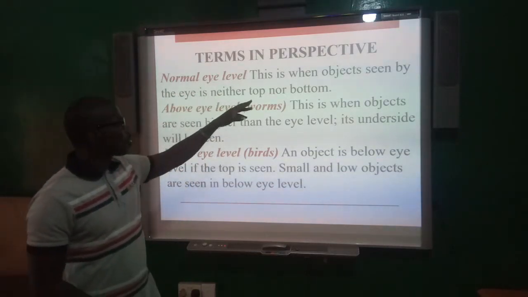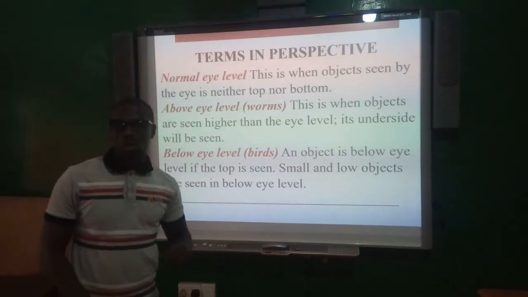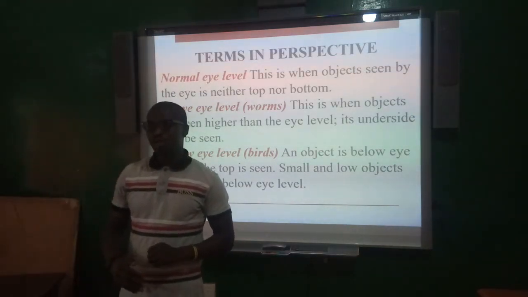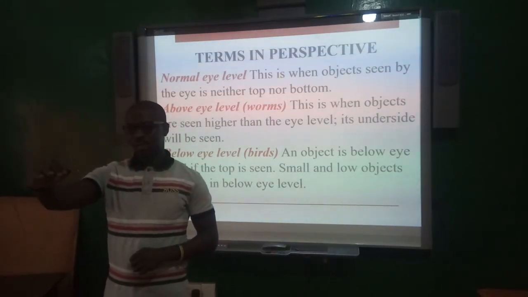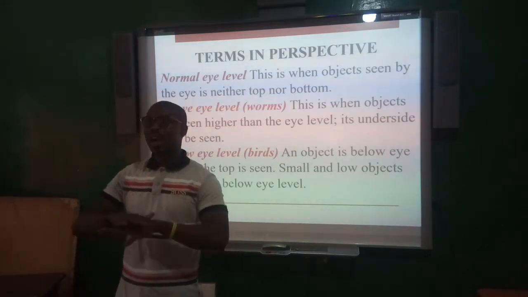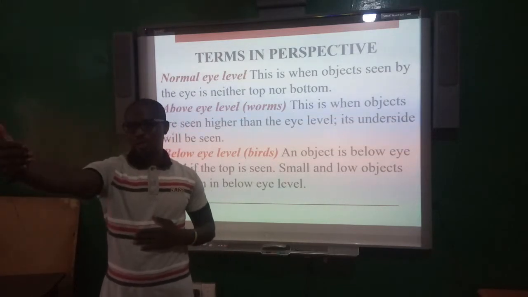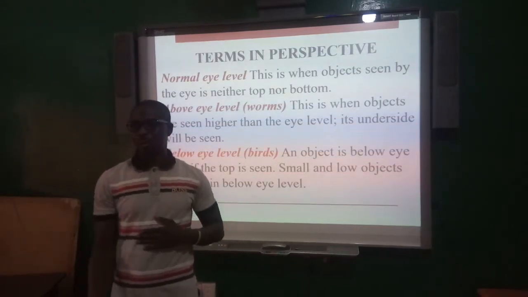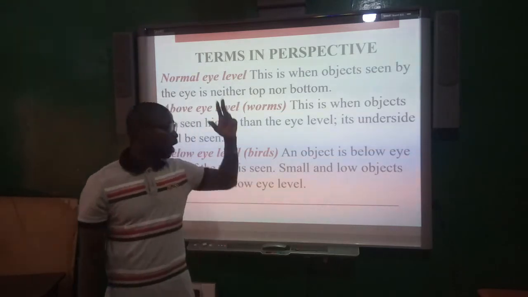This is when the object seen by the eye is neither top nor bottom. So when the object is at eye level, you neither see the top nor the bottom of it. You see the side of it. So as I'm standing here, all the objects in front of me like this, I see neither the top nor the bottom. I will say that object is at eye level or normal eye level.